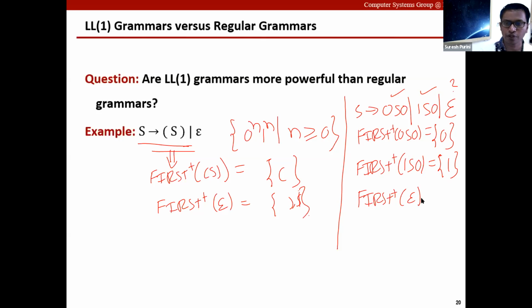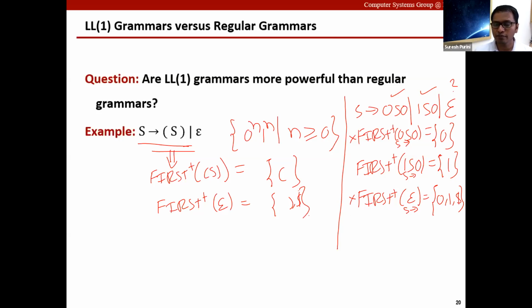First plus of S goes to epsilon: since it's epsilon, whatever is present in follow of S is present in this first plus set. So now we can see that the first plus sets of the first substitution rule and the third substitution rule intersect on 0.